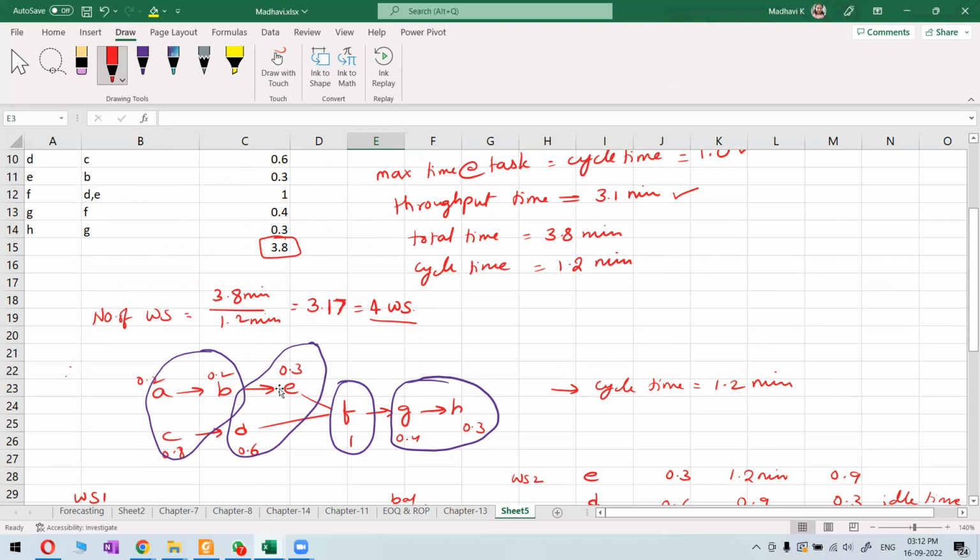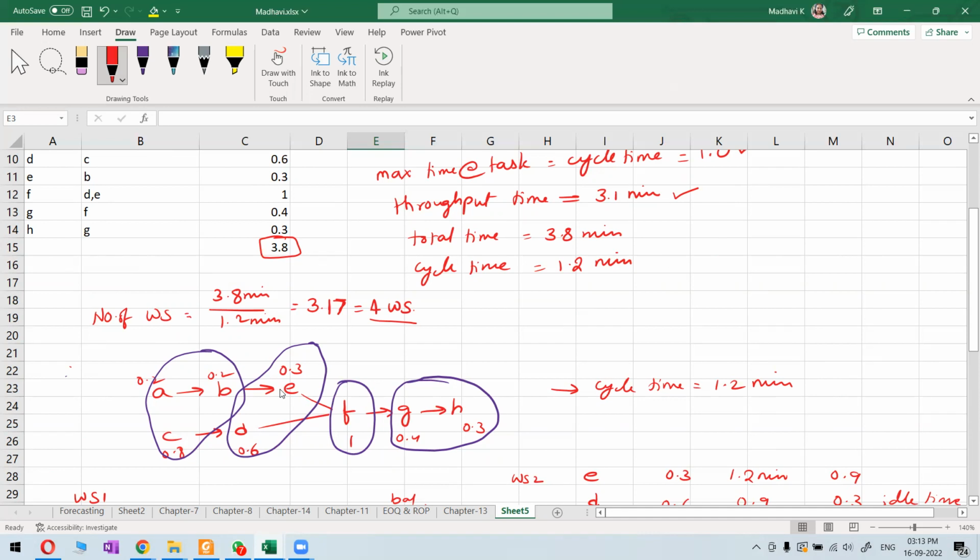And another tiebreaker could be the number of tasks that follow. In the case of A and C, A has 1, 2, 3, 4, 5 tasks afterwards, whereas C has only 4 tasks afterwards. So in that case, we have to consider A first.